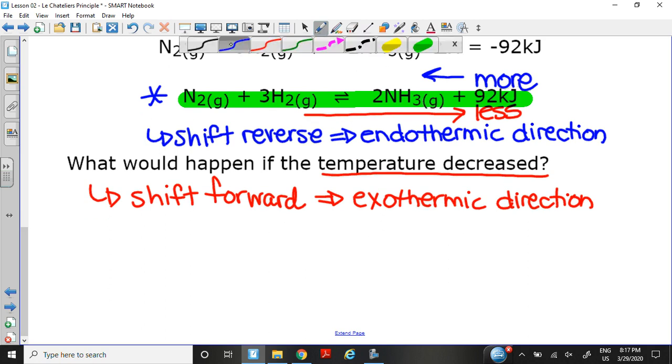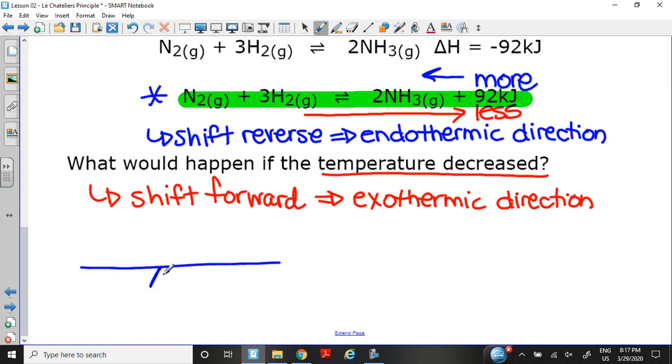You can also look at it from a point of view of the seesaw. If we want to go back to that model for both of them, if we had our scenario where the temperature was increased, before the temperature was increased, we had a balanced seesaw. Here, if we increase the temperature, we said that we're adding more energy on the product side.